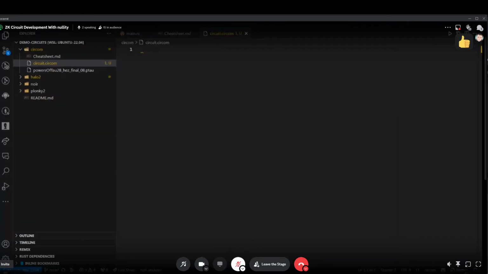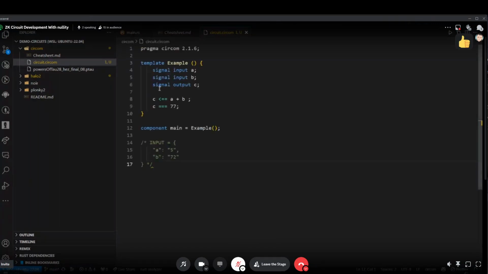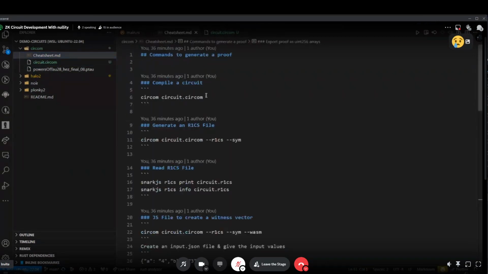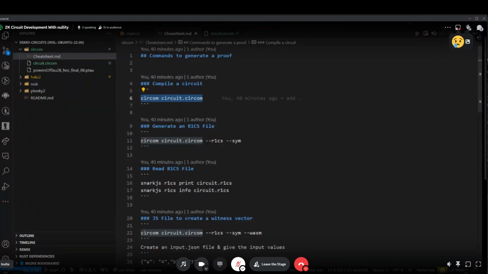So yeah, I'm just gonna paste that circuit we just did, and let's just remove this. So there are a few commands. First one is to compile the circuit. I have a cheat sheet ready. So you do circom circuit.